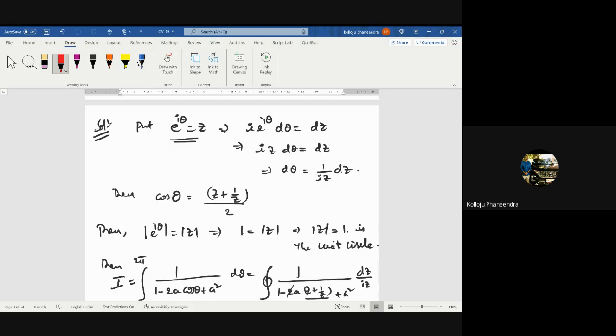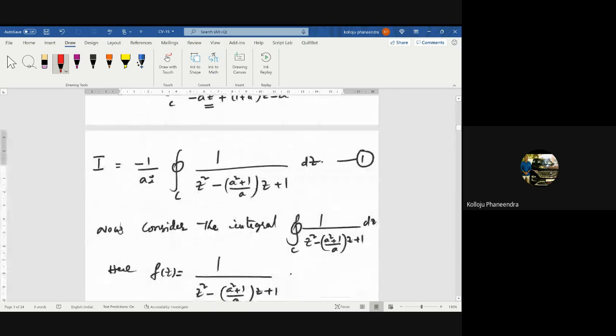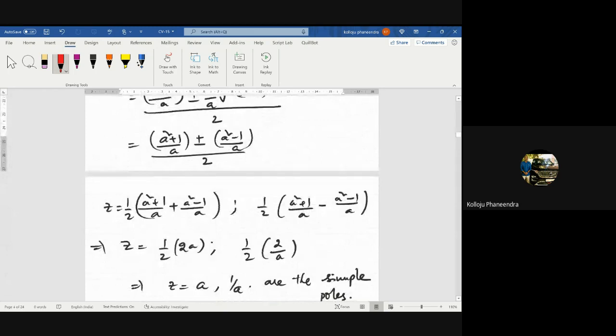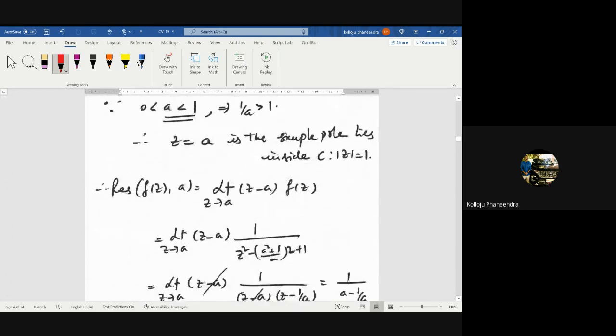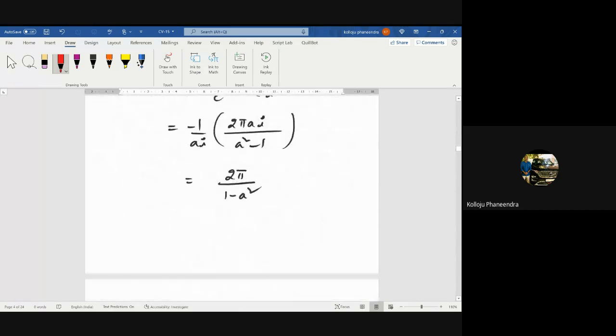Then you can solve in that manner and substitute everything, and it goes to a function of z, integral over c of a function of z. Then I'm using the residue theorem. For that I calculate the poles which lie inside C, apply the residue theorem and substitute in the original equation. I'm getting the result, right? Next one.